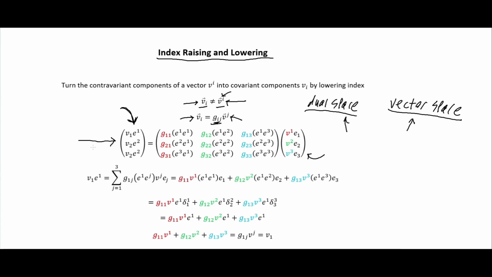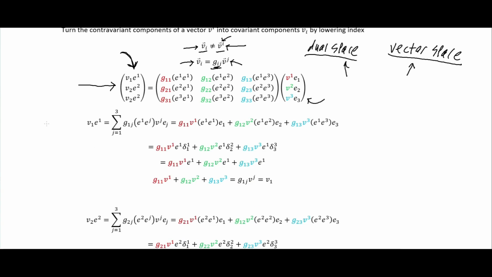If we are looking for the first component, which would be this one right here in our contravariant vector, then we have to run through this summation, which is just taking this one times this plus this one times this plus this one times this. And that's what I have right here.